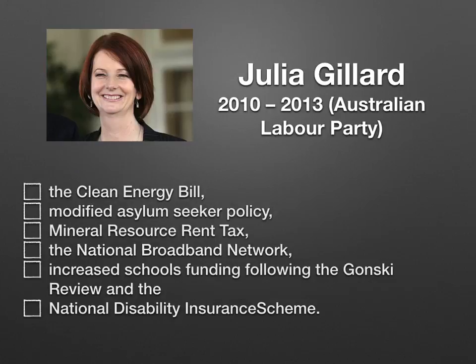Julia Gillard came along in 2010, toppled Mr Rudd, introduced the Clean Energy Bill, modified asylum seeker policy, introduced a mineral resource rent tax, implemented the National Broadband Network, increased school funding following the Gonski Review, and introduced the National Disability Insurance Scheme.